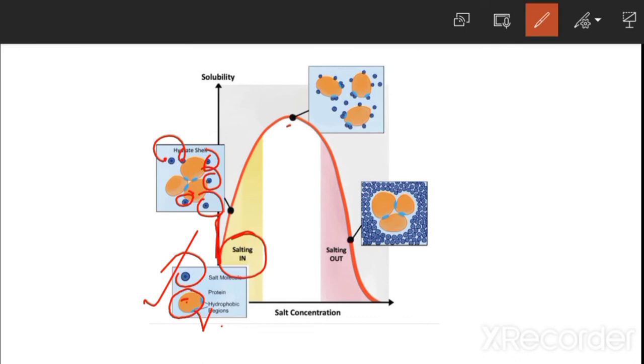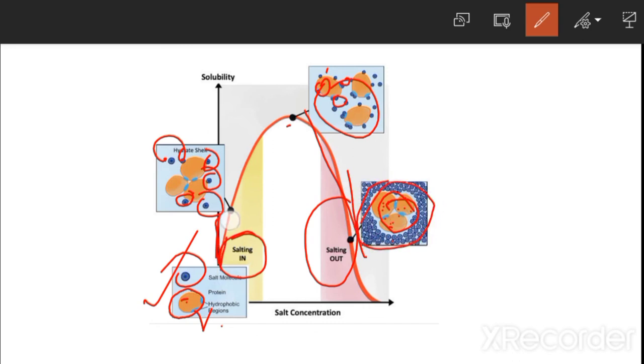In the next condition, the protein interacts with salt more, then when you add more salt, due to the hydrophobic region being exposed, the protein aggregates because water is present here and the hydrophobic region is exposed. Then the protein wants to aggregate and it precipitates, with salt on the outer side.